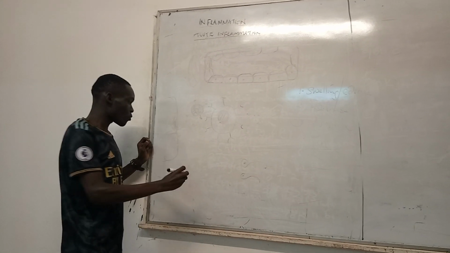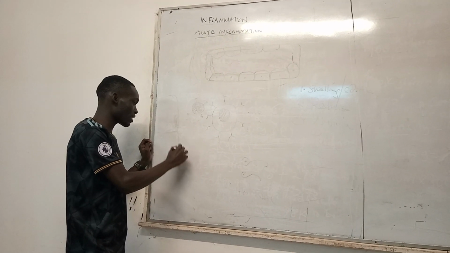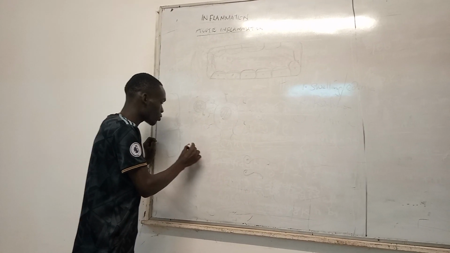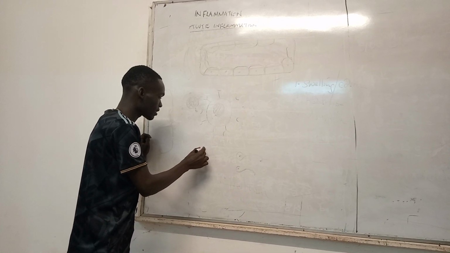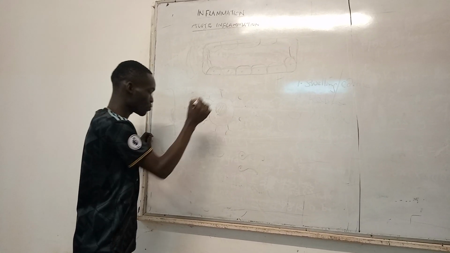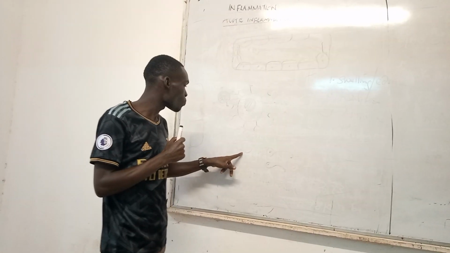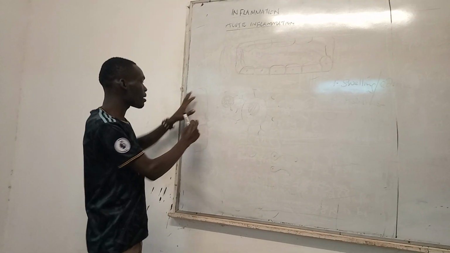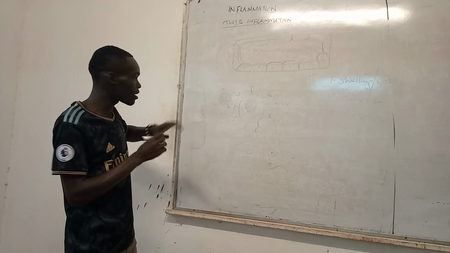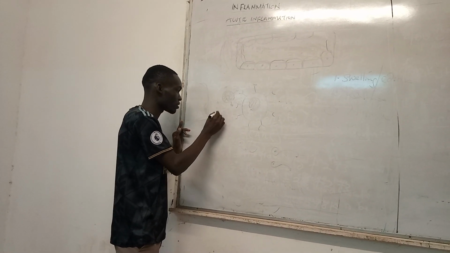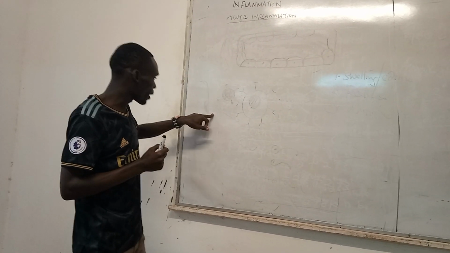Another thing, we have a certain enzyme known as phospholipase A2. We will get to know the importance of this enzyme. Remember we have the damaged tissue, and any membranes we have contain phospholipids.